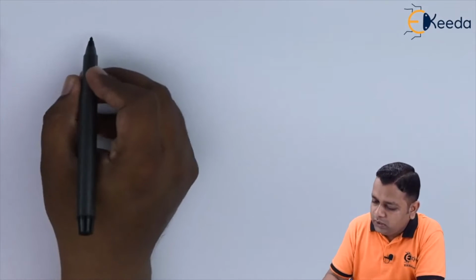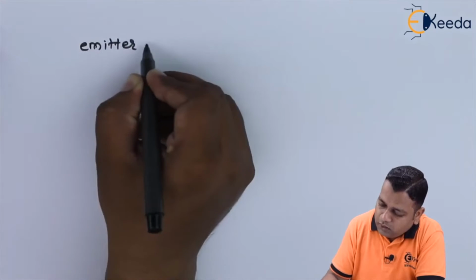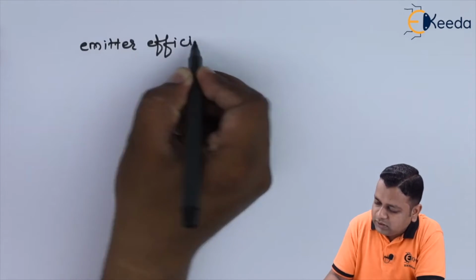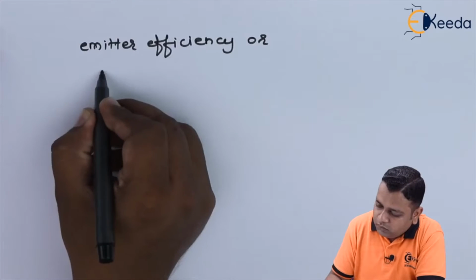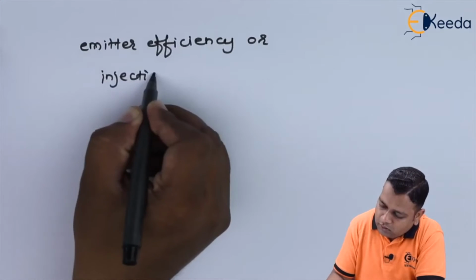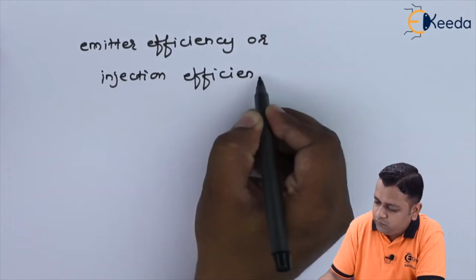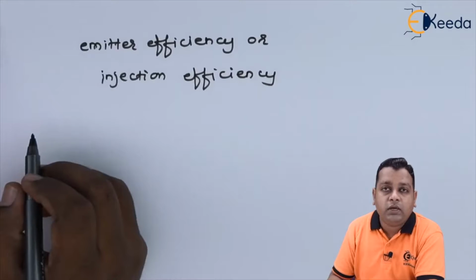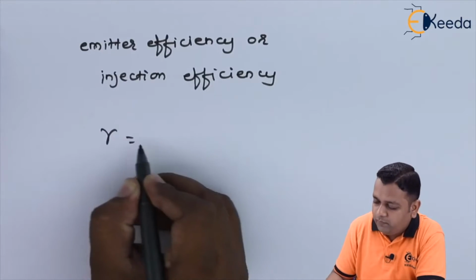So therefore, we shall be calling it the emitter efficiency or injection efficiency. Now we shall be denoting this efficiency by the symbol gamma.